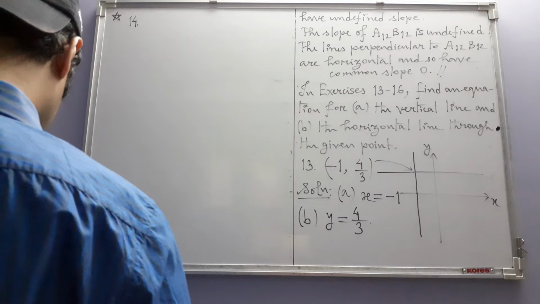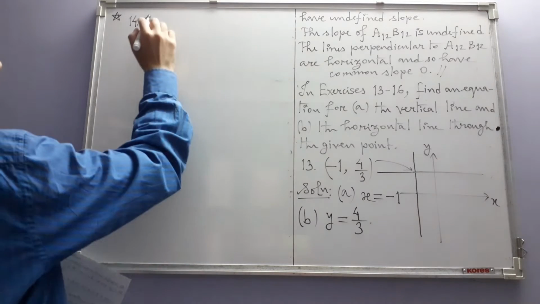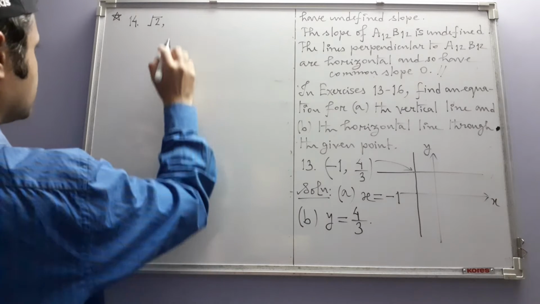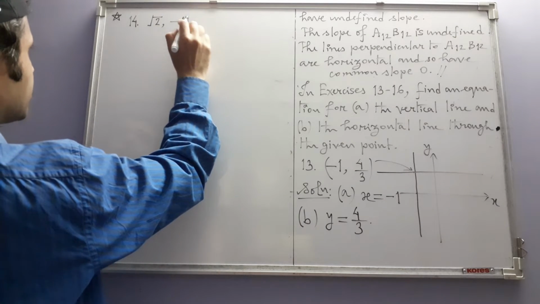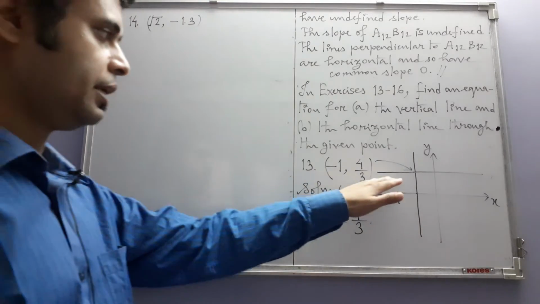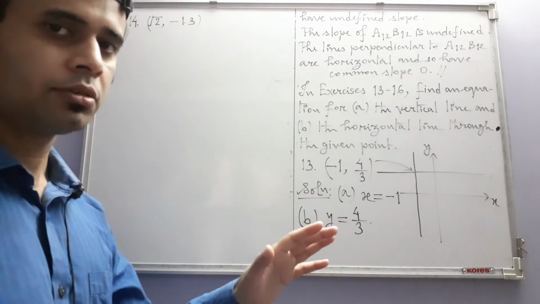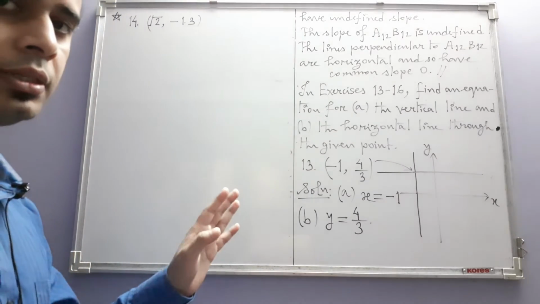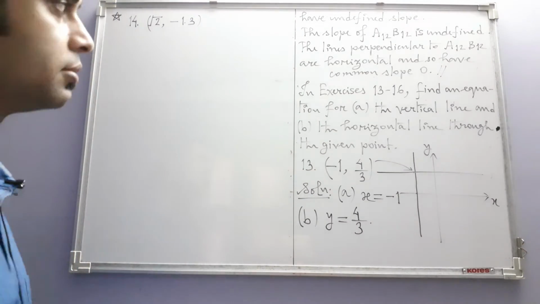14. So in terms of finding the equation for a line, horizontal and vertical lines have the simplest types of equations.